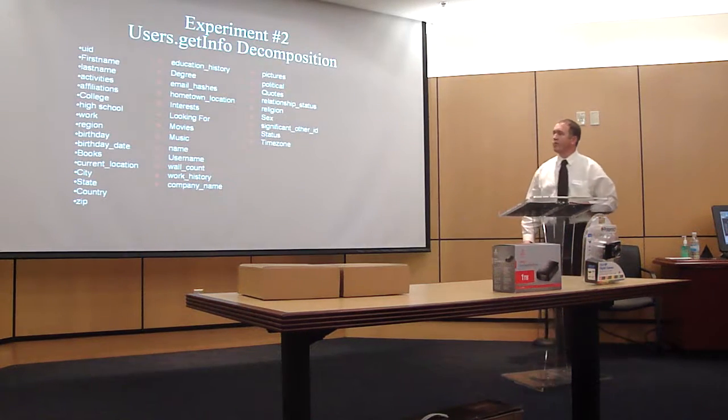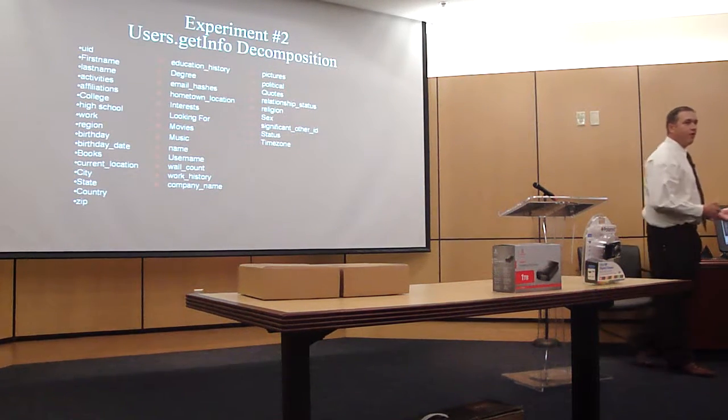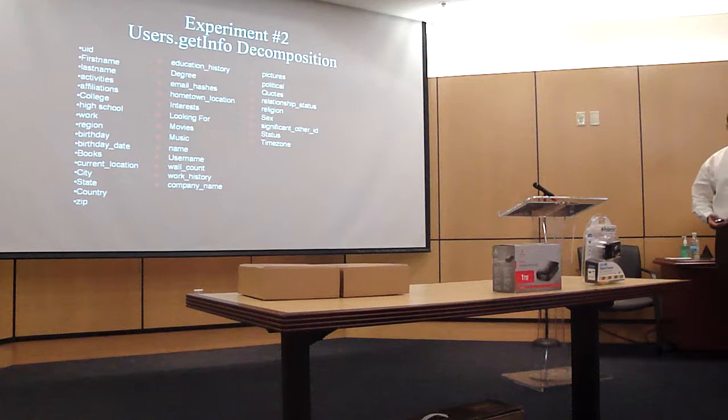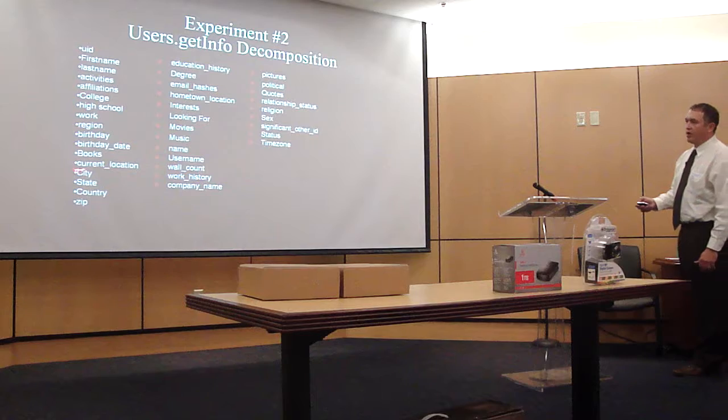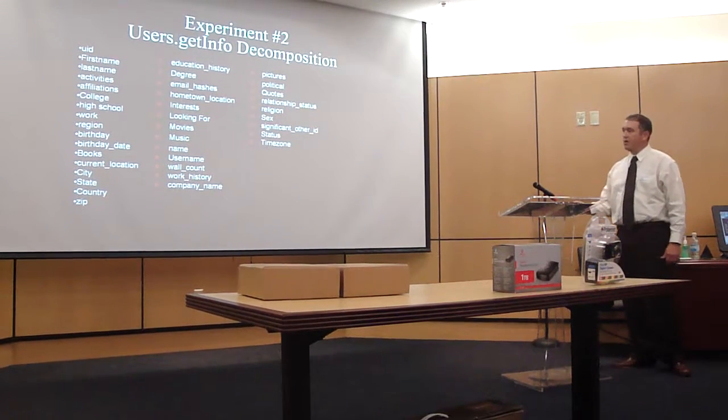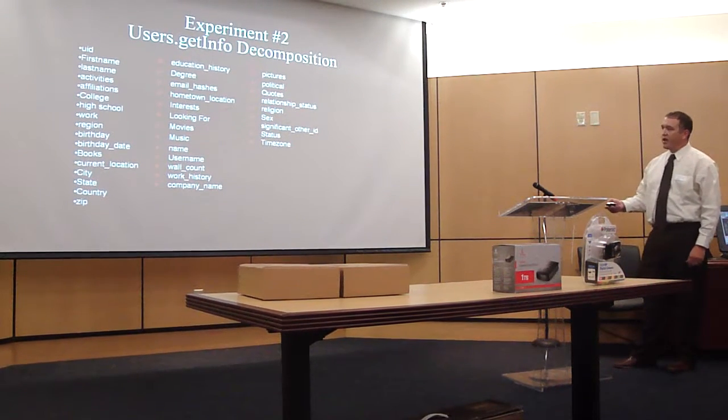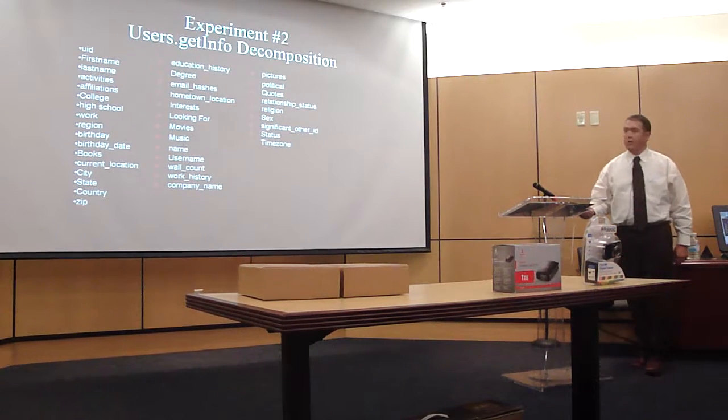So to decompose it a little bit, I went through my profile earlier and just some of the things that you can get from this users.getInfo. You can see here first name, last name, activities, college, birthday, current location, city, state, country, zip. Some idiots put their address on there.